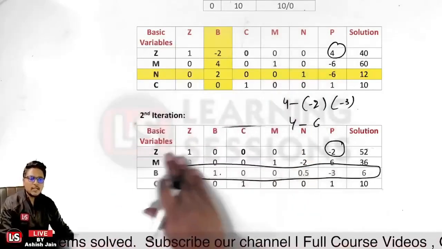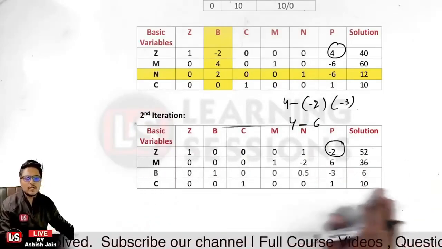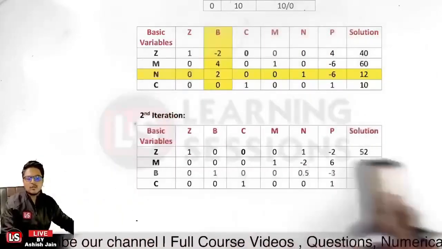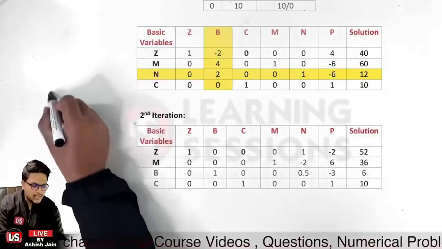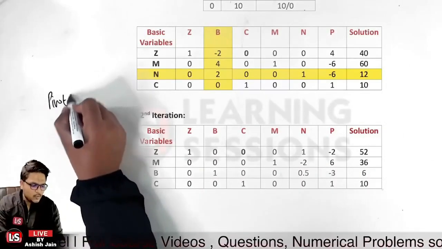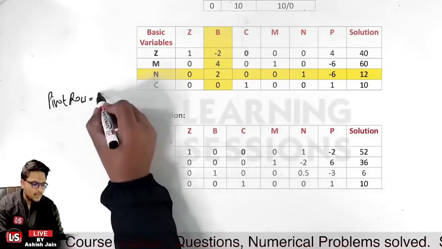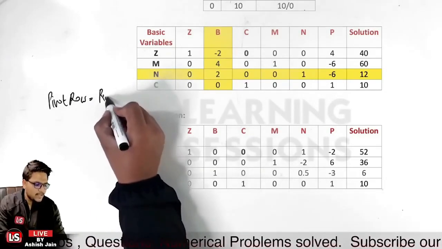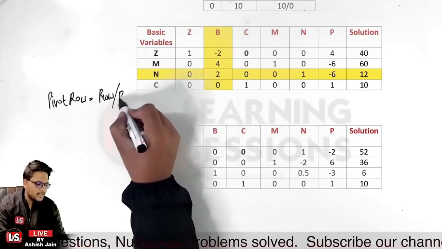Further, related to this particular row, that is the pivot row, I already told you how we'll be solving it. For the pivot row, it's quite easy. I'm just writing it again over here. So the pivot row calculation goes like: pivot row, that is the current row, divided by the pivot entry.